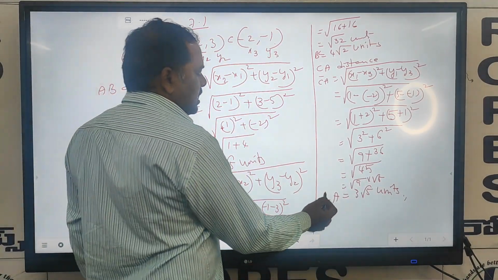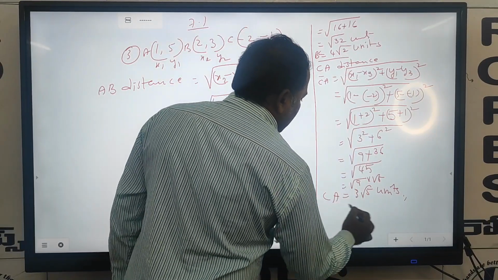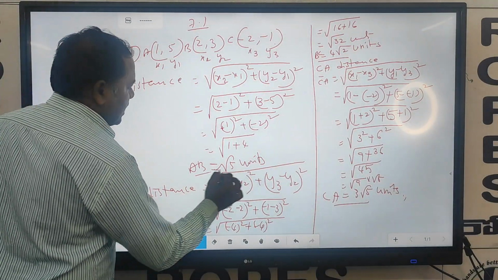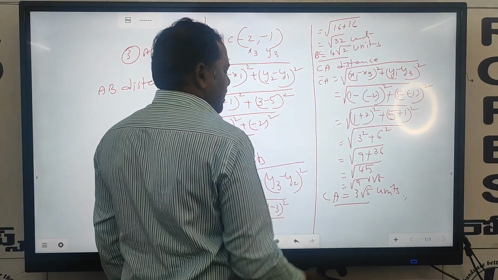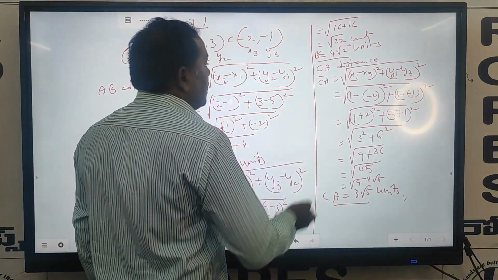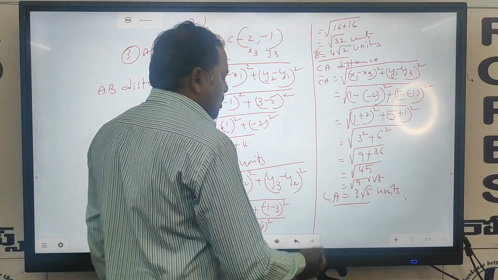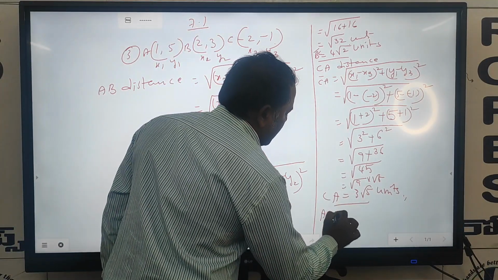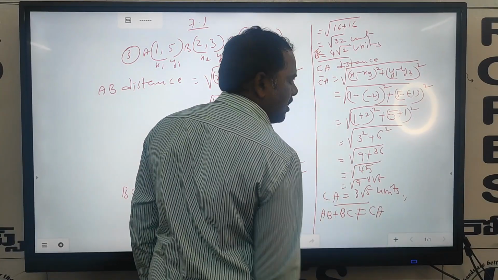So we have the AB distance, the BC distance and the CA distance. If we observe, and add these, it does not work out: AB plus BC is not equal to CA.